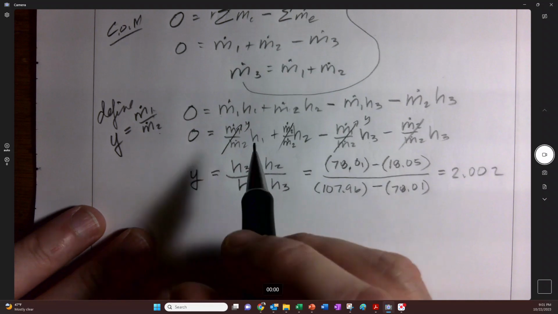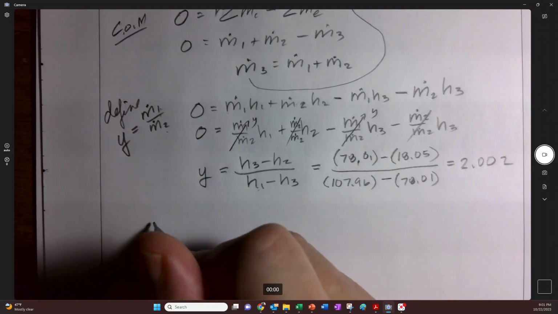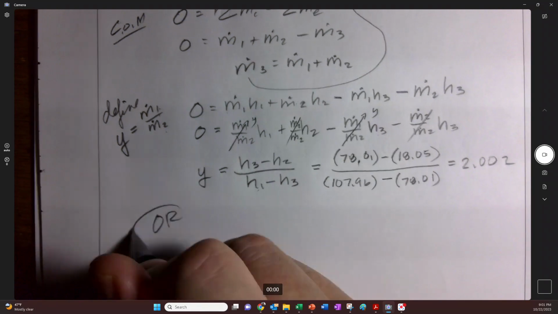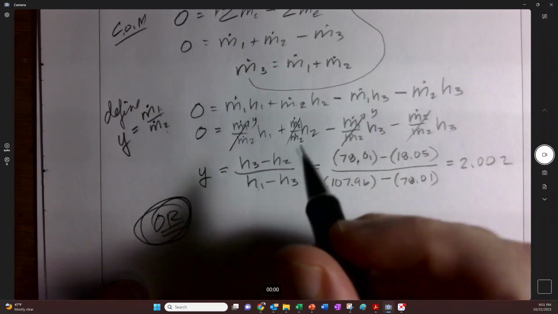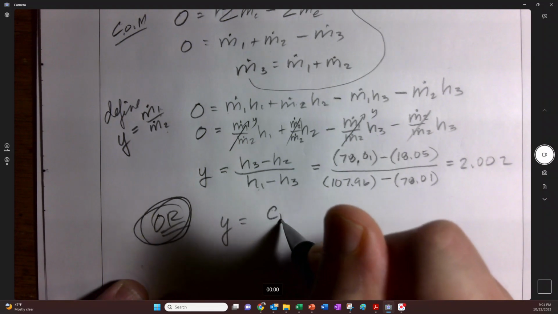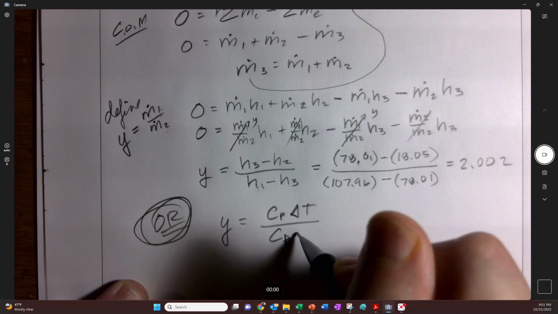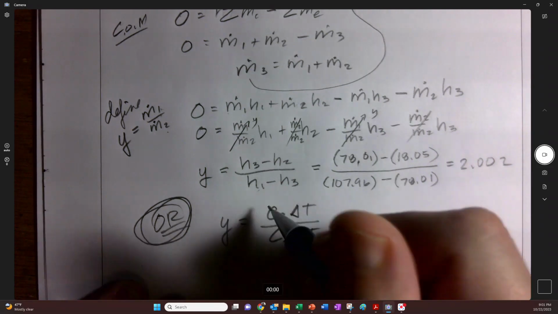I want to point out that no phase changes are taking place. Because there's no phase change, we can alternatively go Cp delta T over Cp delta T, but notice the Cp's cancel out.